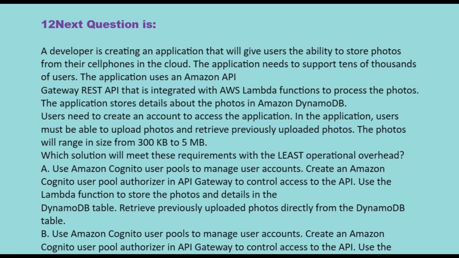The application stores details about the photos in Amazon DynamoDB. Users need to create an account to access the application. In the application, users must be able to upload photos and retrieve previously uploaded photos. The photos will range in size from 300 KB to 5 MB. Which solution will meet these requirements with the least operational overhead?